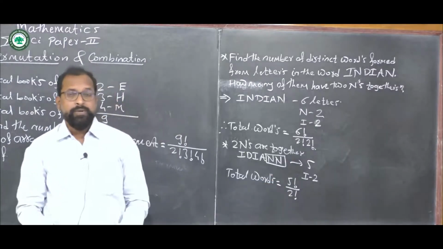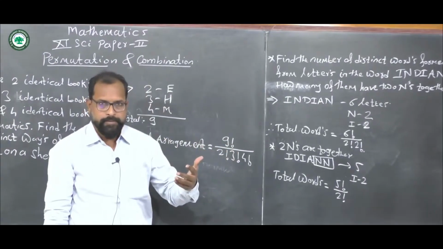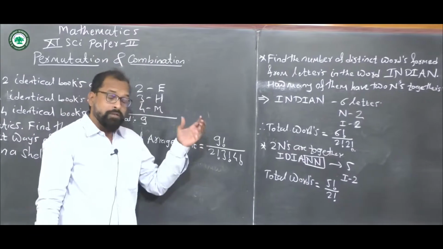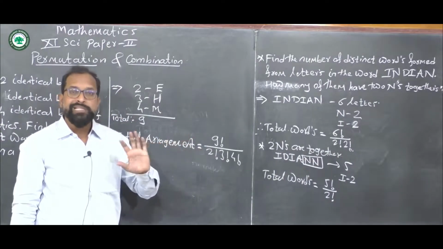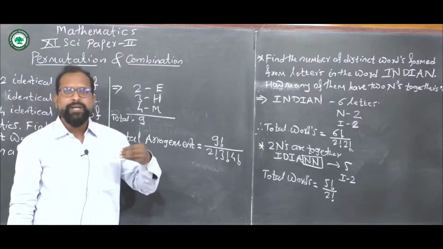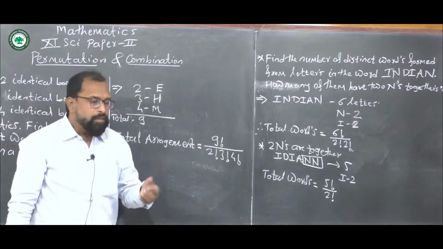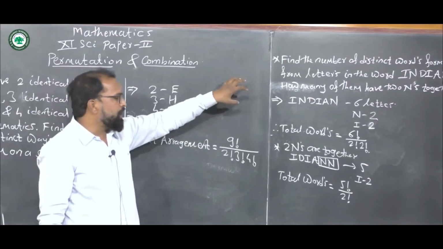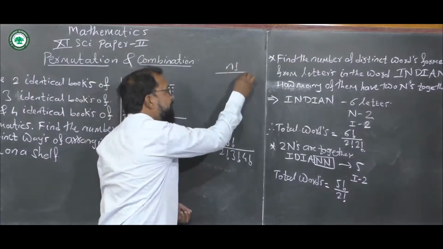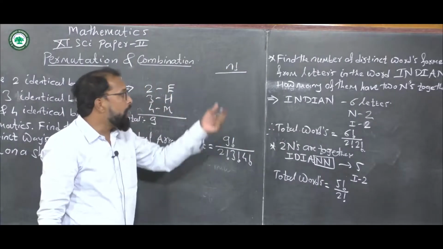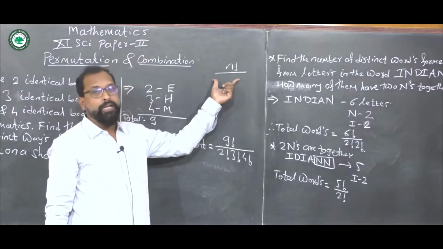In this way, we can calculate the permutations or the arrangements of the objects in which all objects are not distinct, or we can say in which some objects are repeated. The formula is to take the total arrangements, that is n factorial, and divide by the arrangements of the repeated objects.